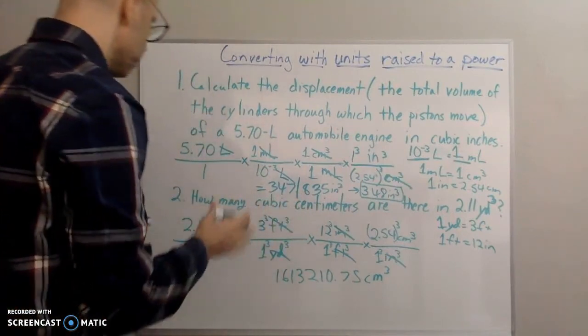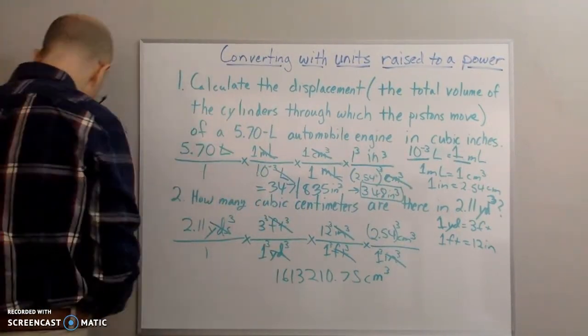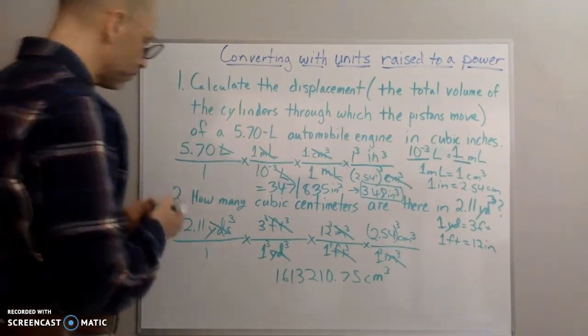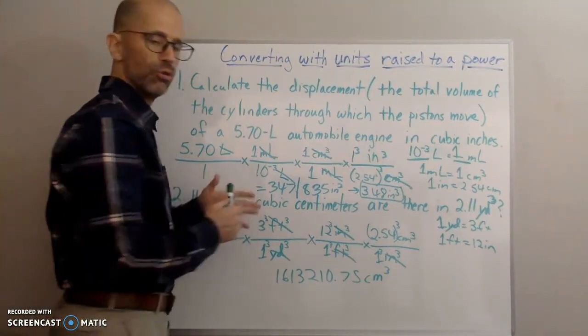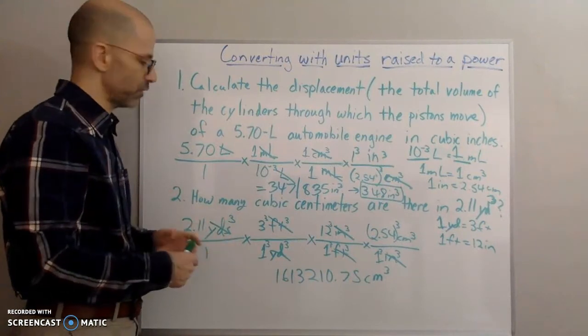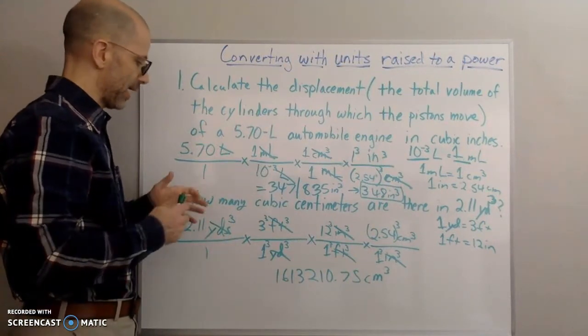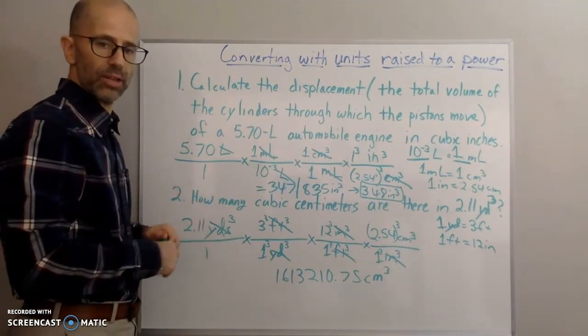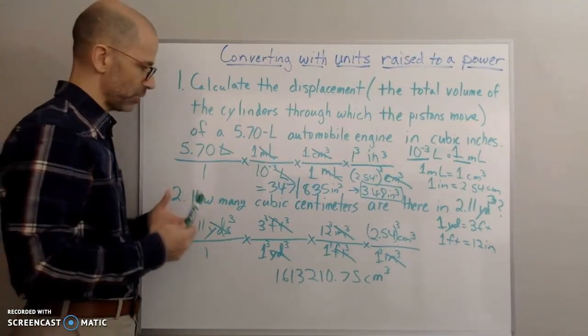So again, you have to figure out your number of significant figures. So you ignore what's exact because that's going to be infinite sig figs. And you only look at what the measurements are.